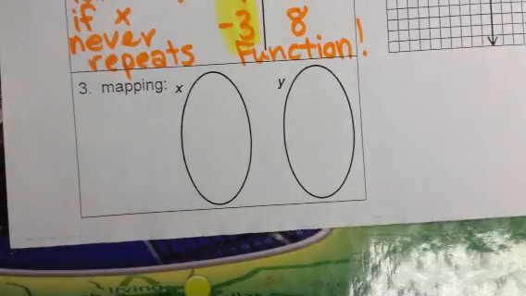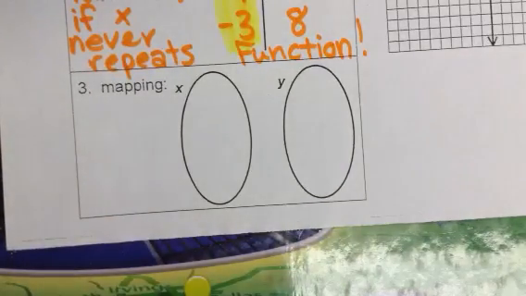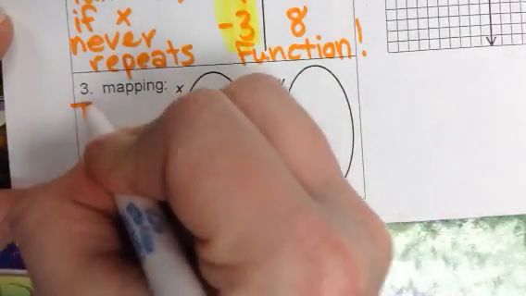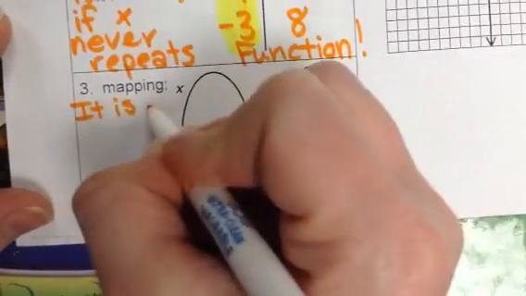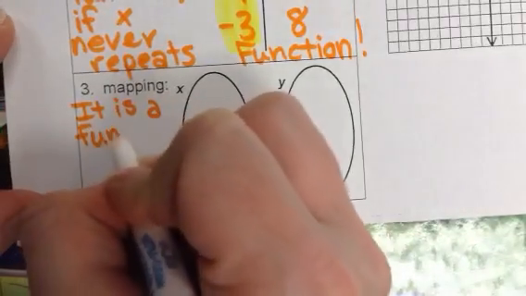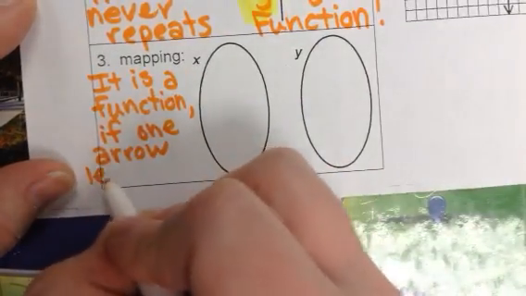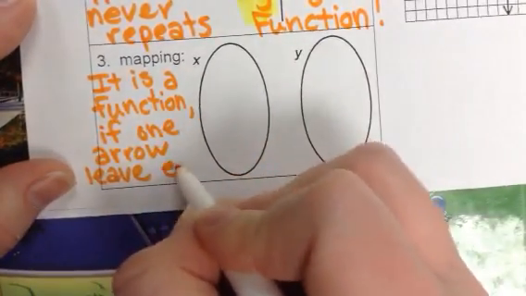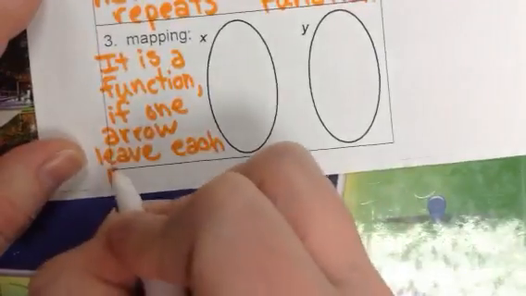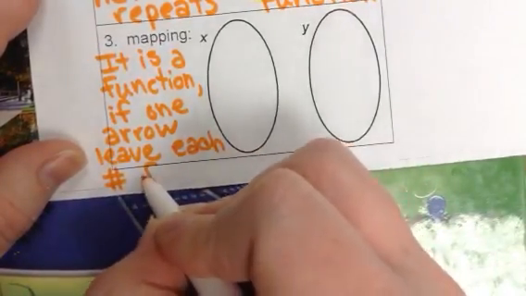Okay, the mapping is the one that looks new. So, it is a function if one arrow leaves each number from the left.